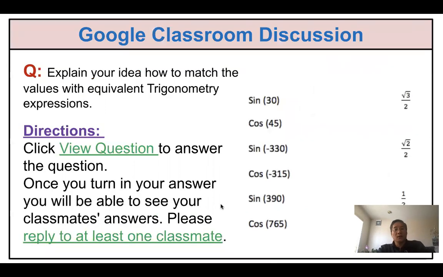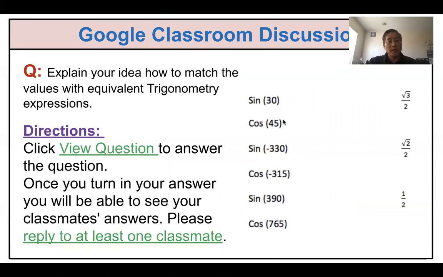Now, if you go to the Google Classroom discussion, you will see this, and make sure you match the sine and cosine values with radical 3 over 2, radical 2 over 2, 1 over 2. Match each to which one? How do you match? Can you think about it?